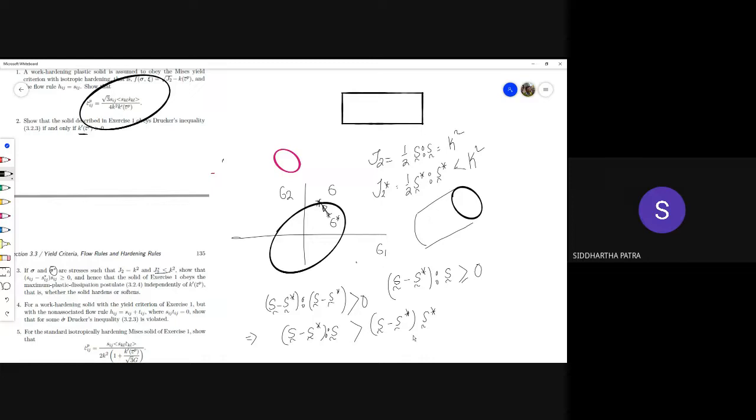Now this is true for all S star with J2 star less than or equal to k squared.